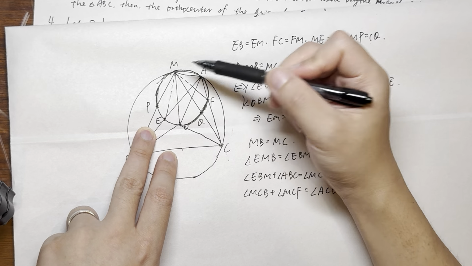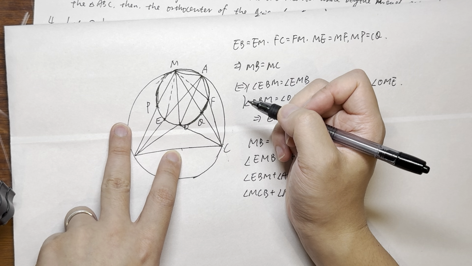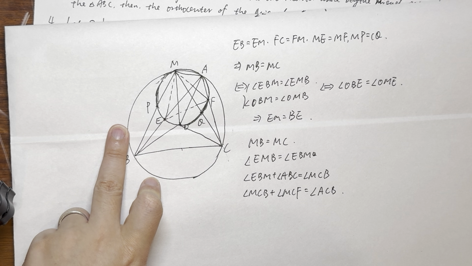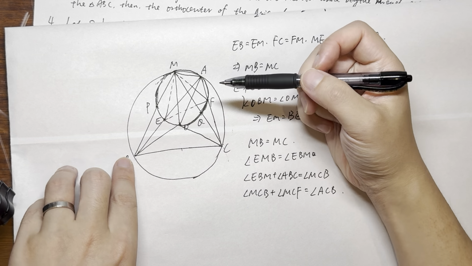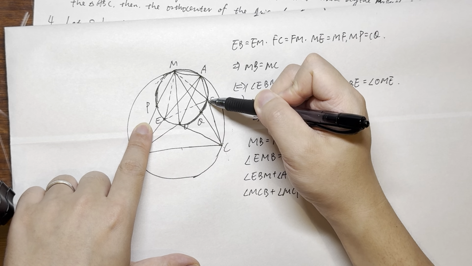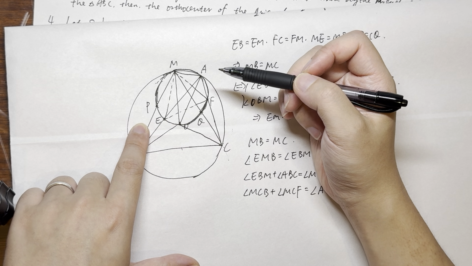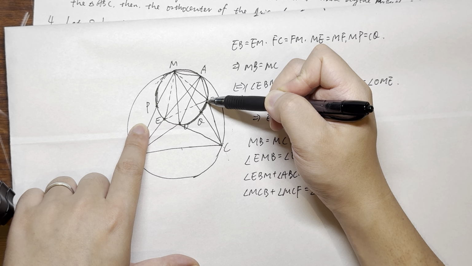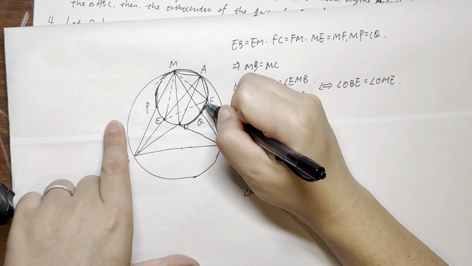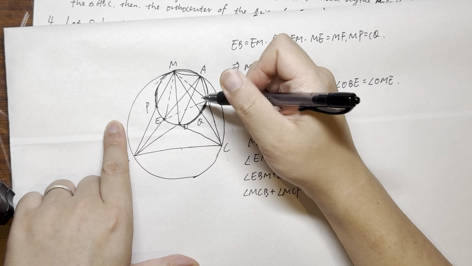So actually, if we want to prove ME equals MF, let's see, I think we can do things like this. Angle MEF equals angle MQF here.